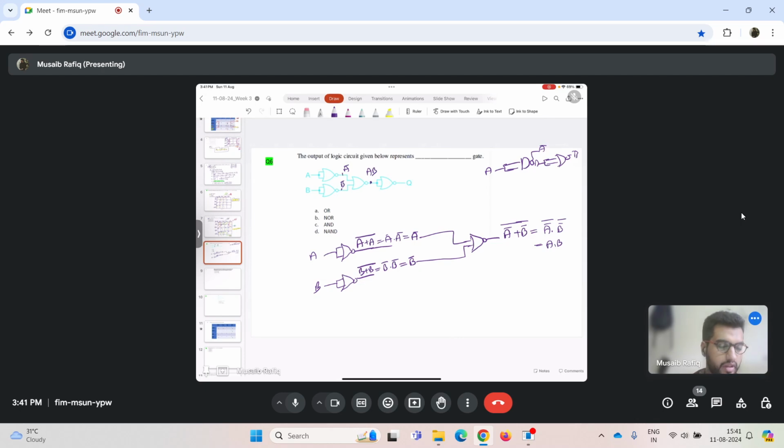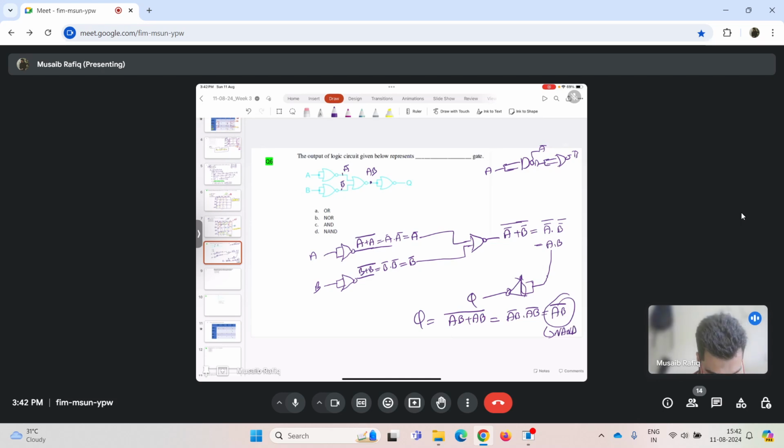And now this AB is given as an input to the two input NOR gate, and we have Q. So Q will be equal to AB plus AB whole bar. So it will be AB bar times AB bar, that is AB bar. And this is your NAND.